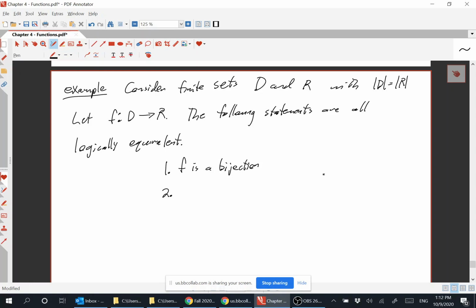F is injective and surjective. Oh, sorry, I meant and. But with finite sets, it can be replaced by or. Two, F is an injection for finite sets of the same size, domain and range. Three, F is a surjection.